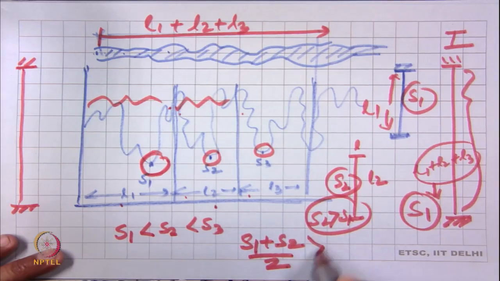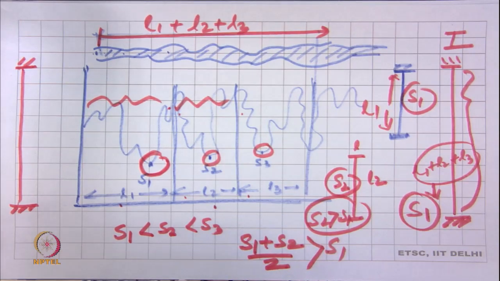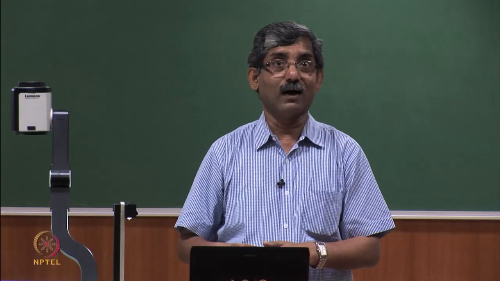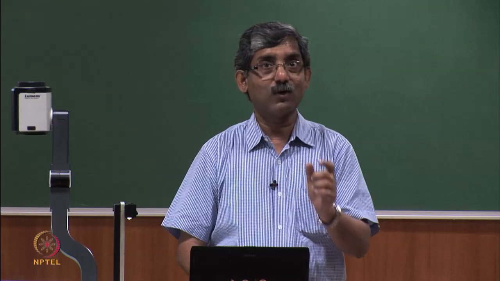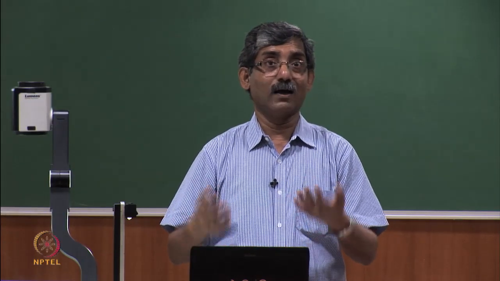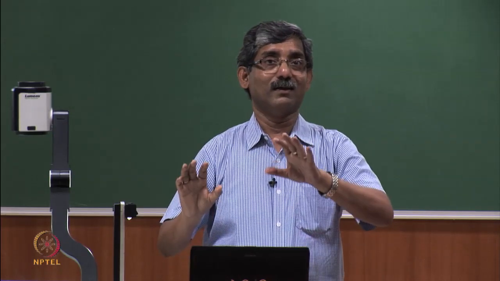which is numerically more than S 1. So, that means, if we reduce the size of the specimen for the same yarn, the actual reported strength will be more, but the yarn is same.